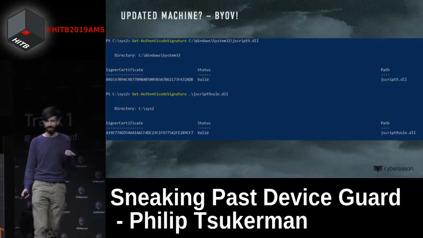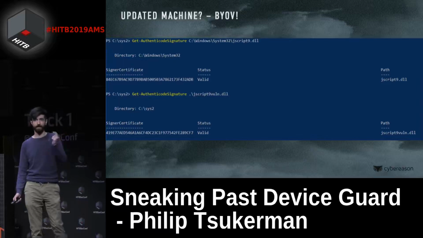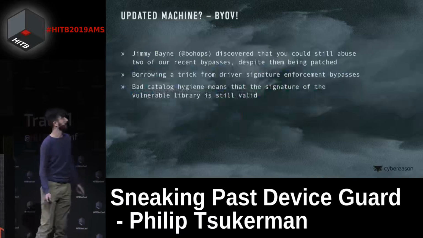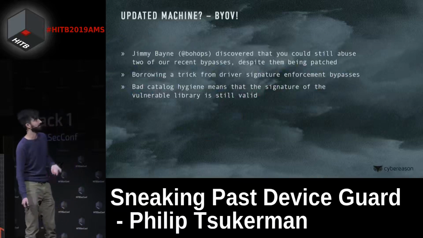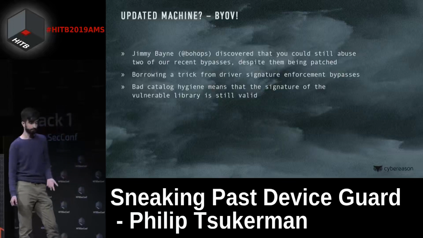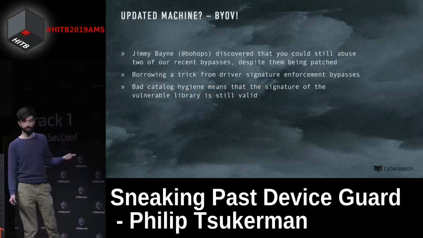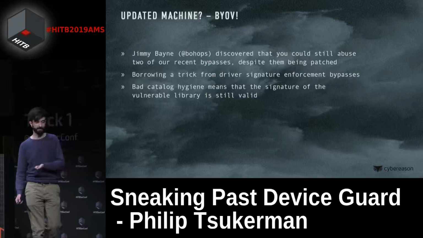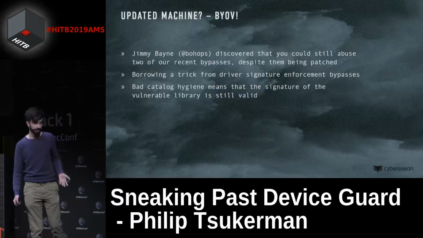All I need to do is to make pretty much the same modification to the current user's registry to make it work. And this was actually discovered by Jamie Bain or Bohops on Twitter. This works for JScript 9. This works for his own recent bypass that used MSXML 3.dll.